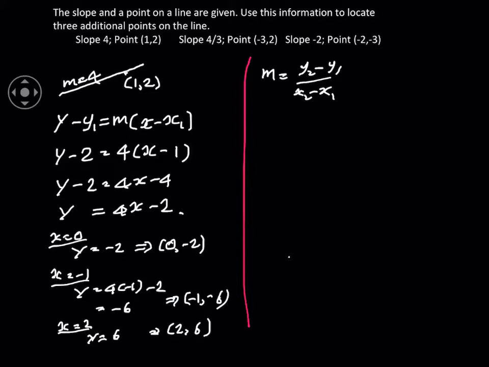Here the slope is 4, that means 4 over 1. So what is the meaning of this?